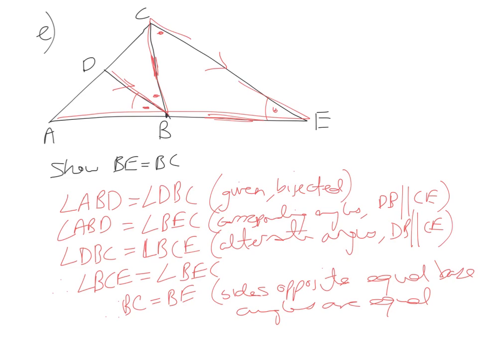So what it's saying is we have an isosceles triangle with that angle and that angle equal, therefore those two sides must be equal.